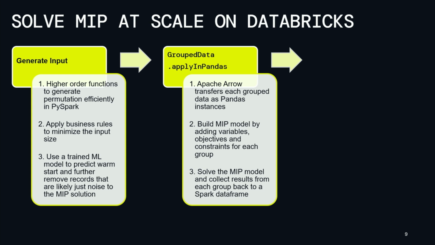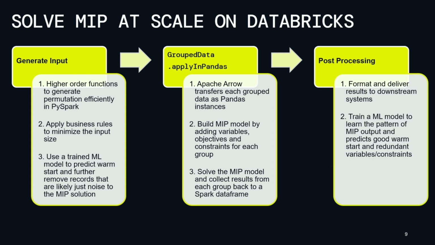Internally, Apache Arrow will transfer each group's data as a pandas instance, and then we build a mixed integer programming model off of it, and then we add variables, objective, and constraints. And then we solve it, and collect the result from each of the groups back to a Spark DataFrame.